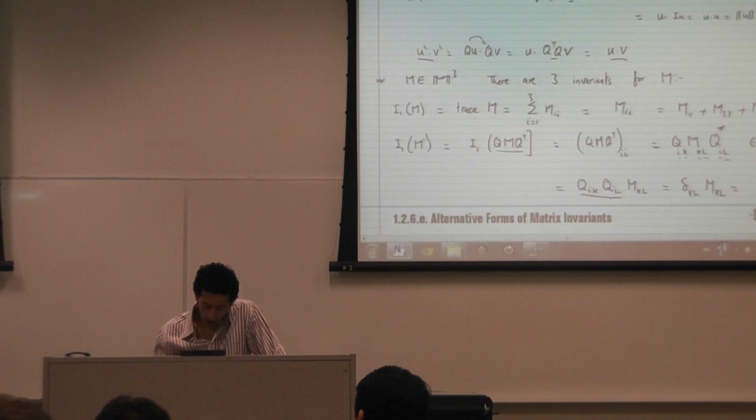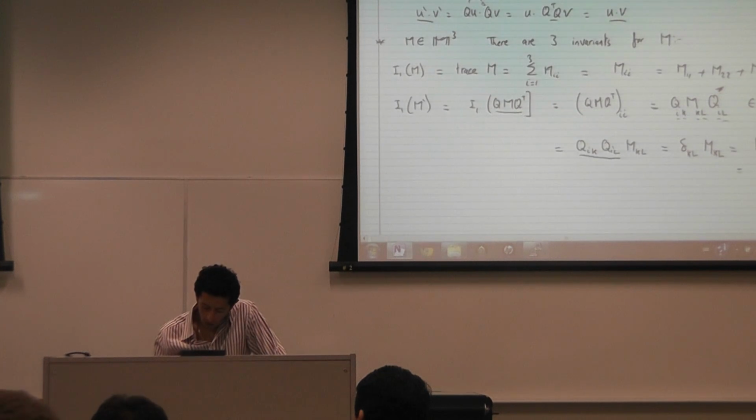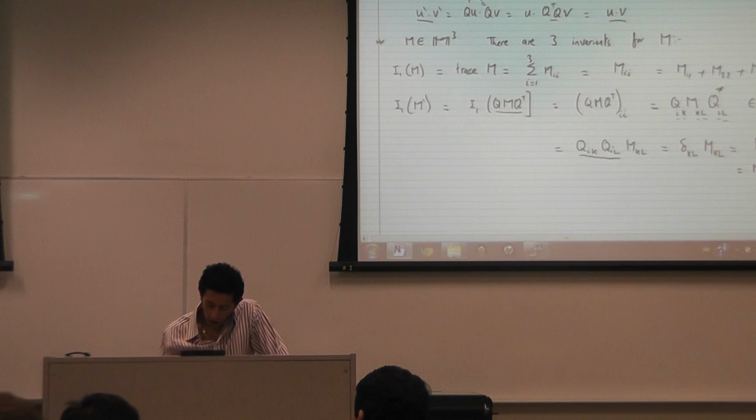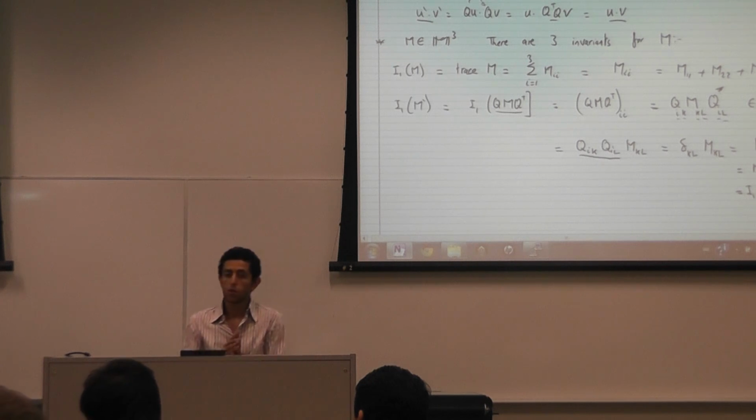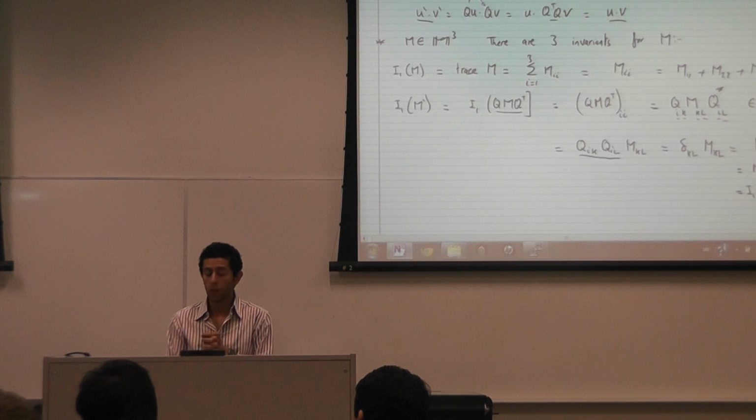It's just a dummy. This is equal to m_ii, which means that I1 of m prime is equal to I1 of m. Which means the sum of the diagonal components in any coordinate system stays the same.